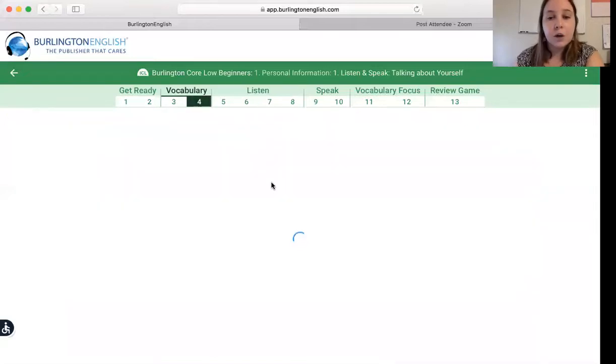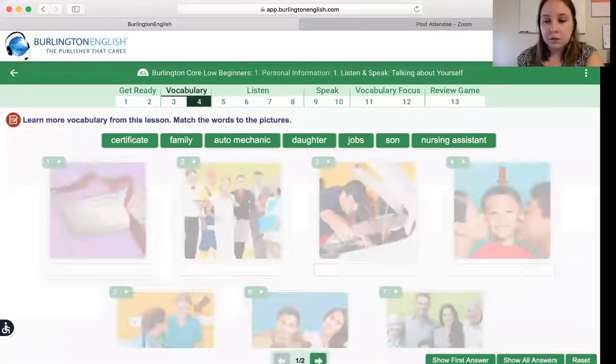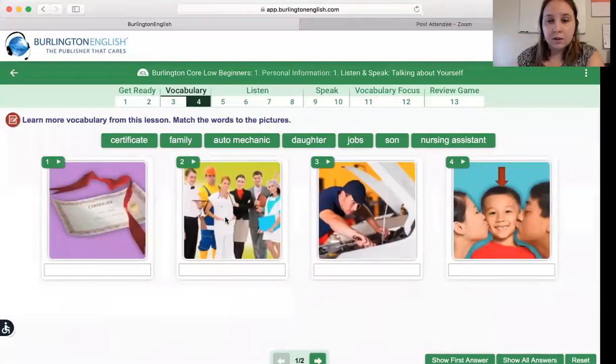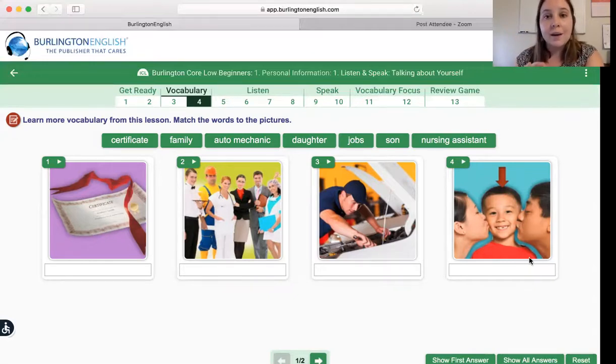There are two other words I want to talk about. We have a few things that are talking about jobs, and we also have two words that are talking about family. So I want us to look at the family. So these are the parents. This is the mother. This is the father.